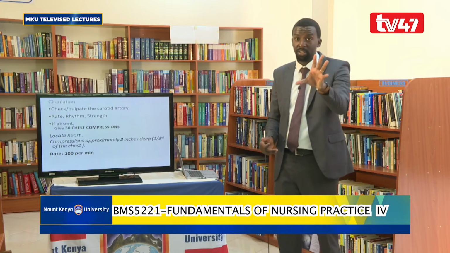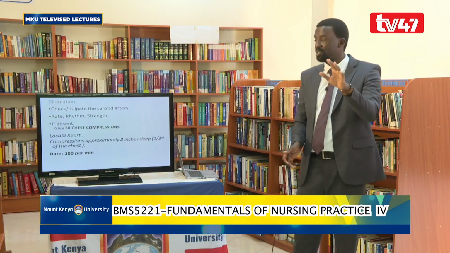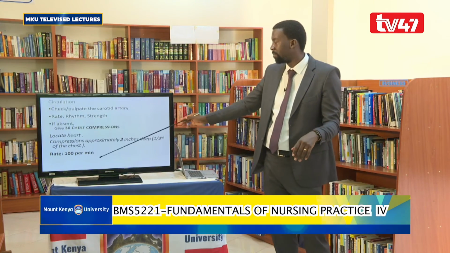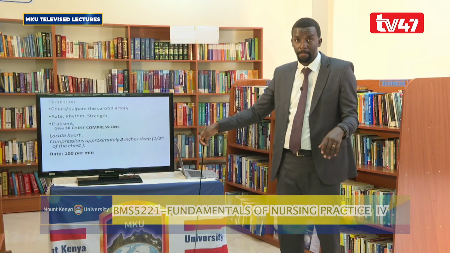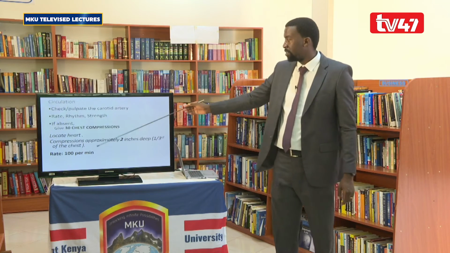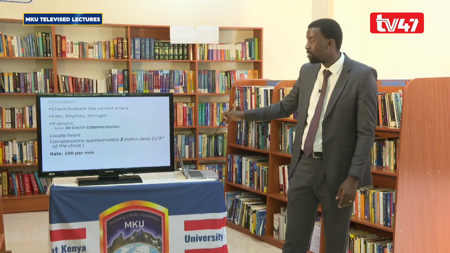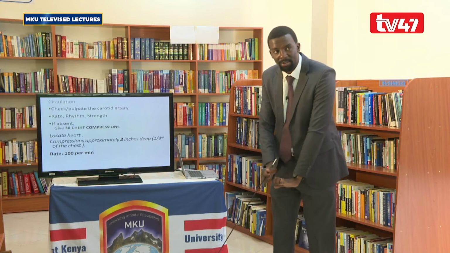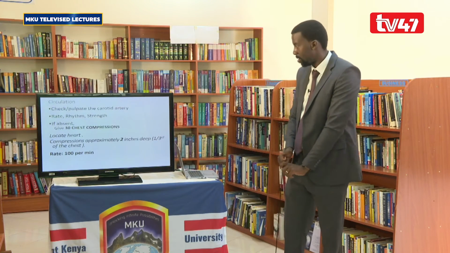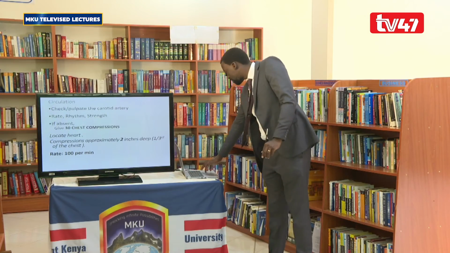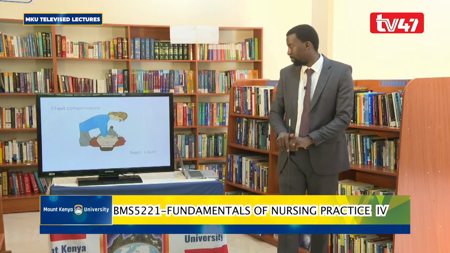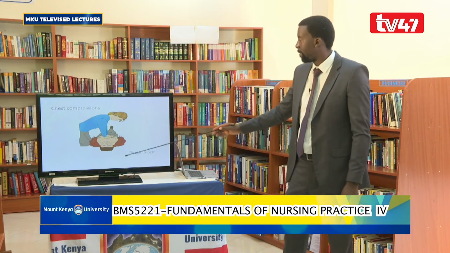The normal rate that you want to focus on is usually 100 beats per minute. So when you're giving compressions, first locate the position of the heart and always ensure that your compressions are 2 inches deep, a third of the chest. Are we together? So this is best shown in the next diagram, chest compressions.